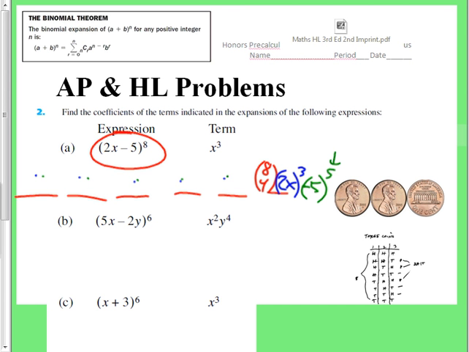So if I'm in the 5th term, the second thing, as it's going up from 0, 1, 2, 3, or wait. That doesn't match up with the term. So one less than the term. Yeah, my bad. Sorry, I thought that matched up with the term. Okay, and if this was the one that I needed, it would have an x to the 3rd in it. And look at that. It has an x to the 3rd in it. I wasn't just doing a random one.